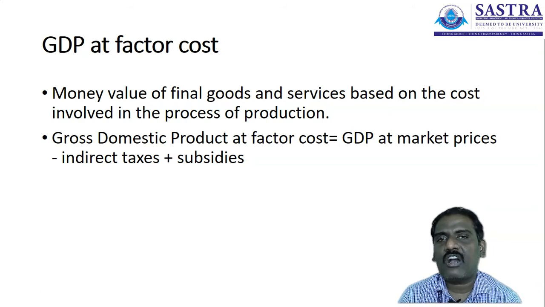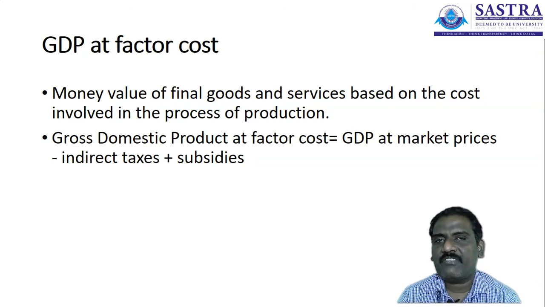At that cost we are going to calculate. That is the reason we are subtracting the indirect taxes. Still, the government subsidy is also given for the people who are underprivileged or getting benefit from the government, so we still take that into the calculation of factor cost.